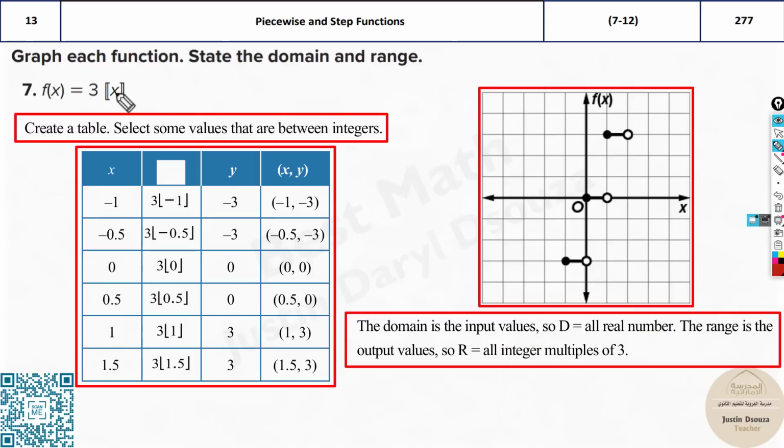Now always remember, when you have anything that's positive x, there will be a point and then a hole. This is very, very important, and it's always for one block. The scale is always for one block. Now here you can easily see there is a jump of 3. X is positive, so there's a point and a hole, and there's nothing else. That's it. That'll be the graph.